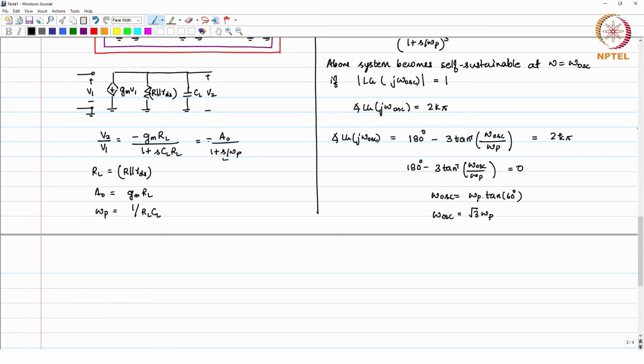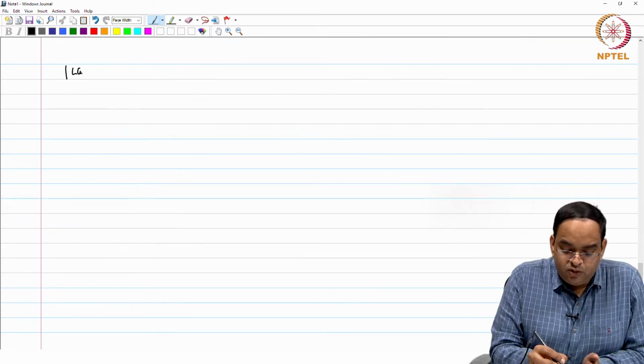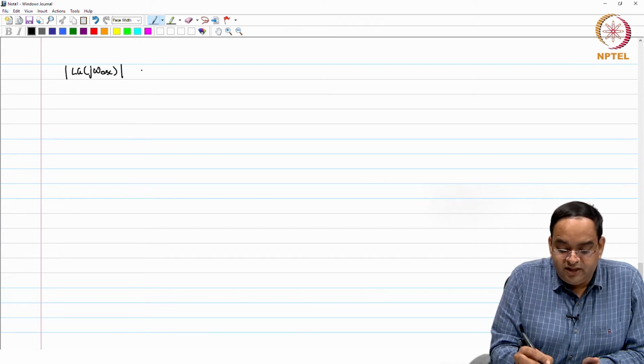So, at the frequency root 3 times omega p, it happens that the phase of the signal is 2k pi. Now, this is not the only condition, the other condition is that the loop gain should also be equal to 1. So, I have to find this.